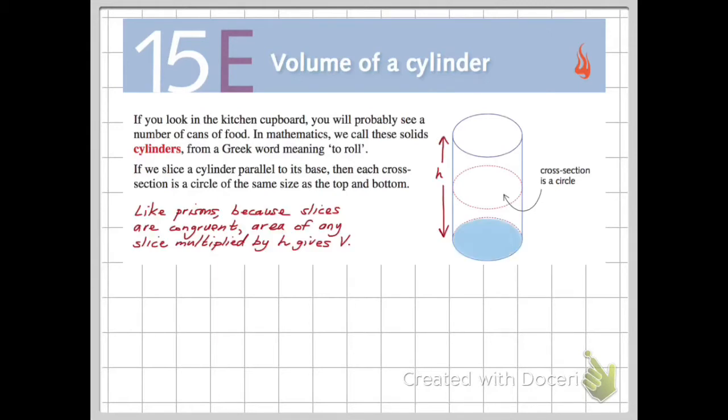Alright, so let's label this up. I've shaded the base blue and I've labelled the perpendicular height h, and we are noting this, that like prisms, because the slices are congruent, and by slices I mean horizontal cross-sections in this diagram, the area of any slice multiplied by the height gives the volume.